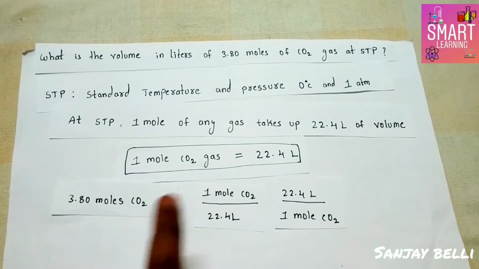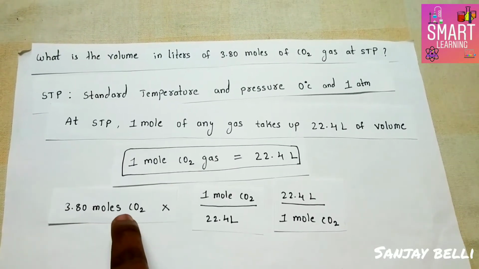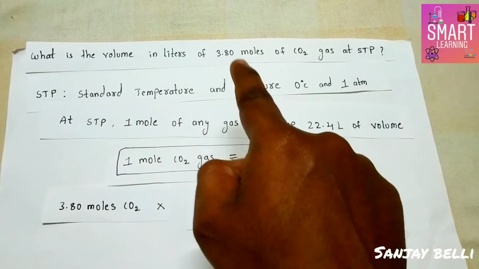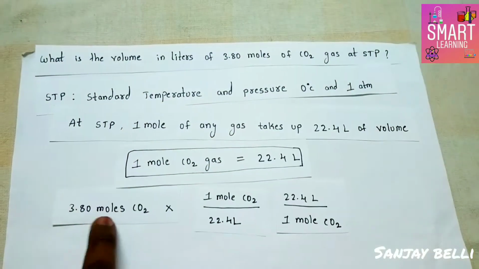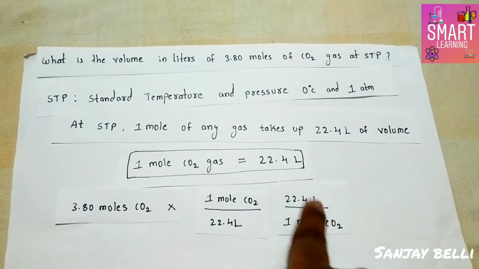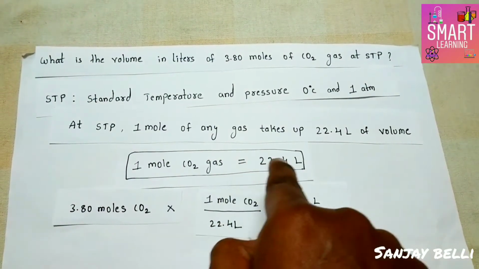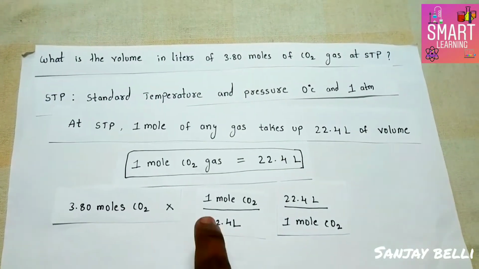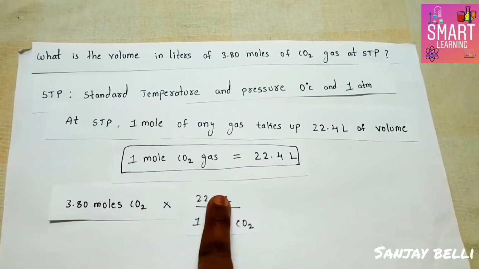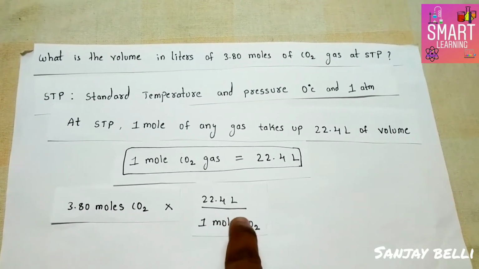In the previous class also I explained that. Here 3.80 moles of carbon dioxide is in the numerator, so the moles of carbon dioxide should be present in the denominator. This is your hint: 1 mole of carbon dioxide gas gives 22.4 liters. So we take this one, because moles of carbon dioxide and moles of carbon dioxide will be cancelled.